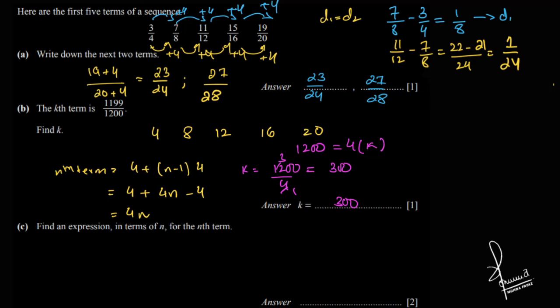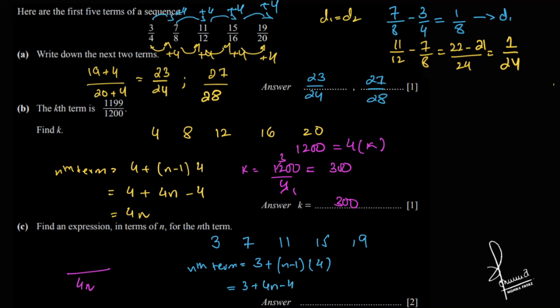And similarly you want to find an expression in terms of n for the nth term. You have already found the denominator, the denominator is going to be 4n. Similarly, find the expression for the nth term of the numerator. In the numerator, the sequence is 3, 7, 11, 15, 19. So a is going to equal 3. So the nth term is equal to 3 plus n minus 1 multiplied by your common difference, which is again 4, is going to equal 3 plus 4n minus 4, which equals 4n minus 1.